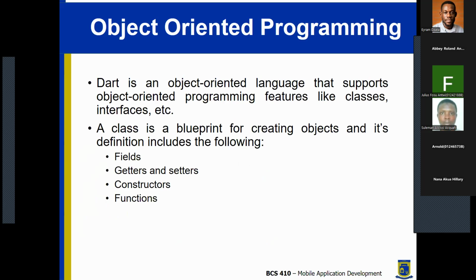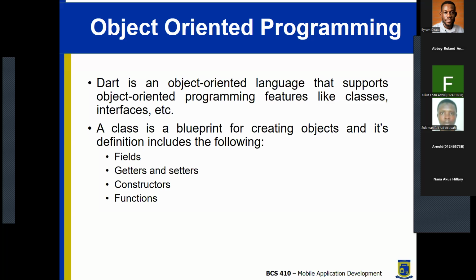Then we come to object-oriented programming concepts in that programming language. It is a programming language that supports object-oriented programming features like classes, objects, interface, inheritance, polymorphism, and so on. We know a class to be a blueprint for creating objects, and an object is made up of attributes and behaviors.